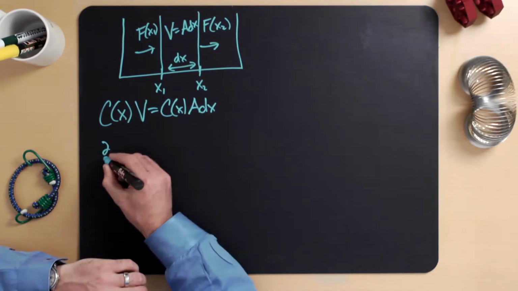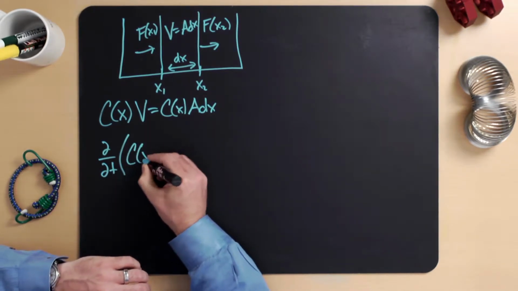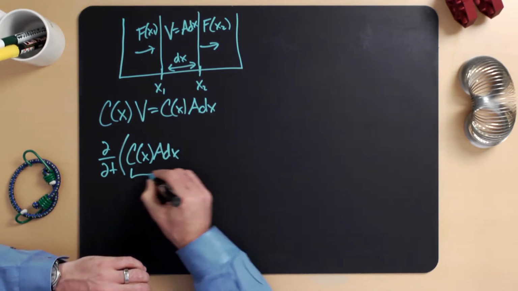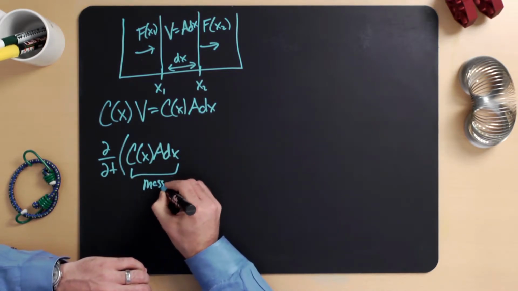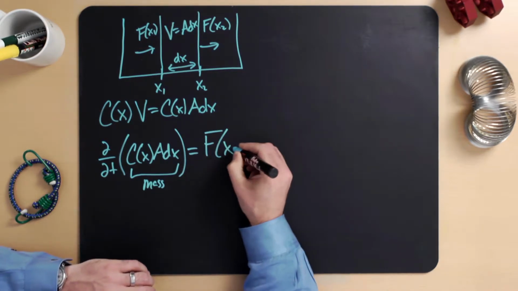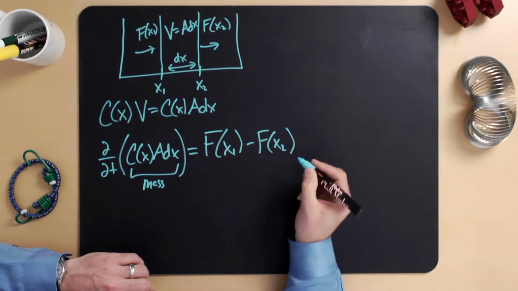The only thing that could lead to the mass changing in that volume is if the flux in and the flux out are not the same. Hence, d/dt of C of x A dx, so this term is the mass, is equal to F of x1 minus F of x2.